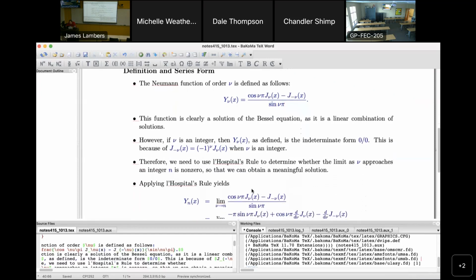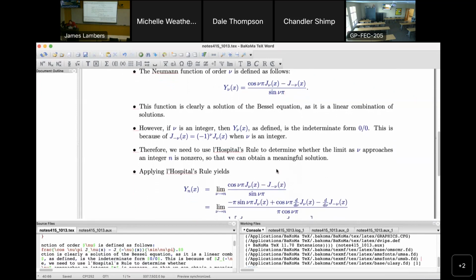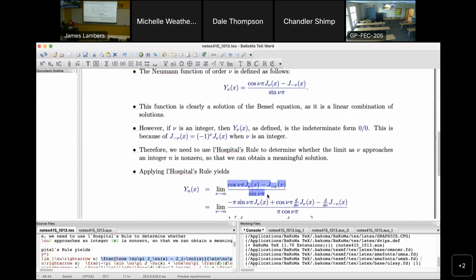And we want to check whether the limit exists, and if it exists, that it is at least non-zero, because we need a solution that is non-zero. So here's my expression to start with, taking a limit as nu approaches n, where n is an integer.